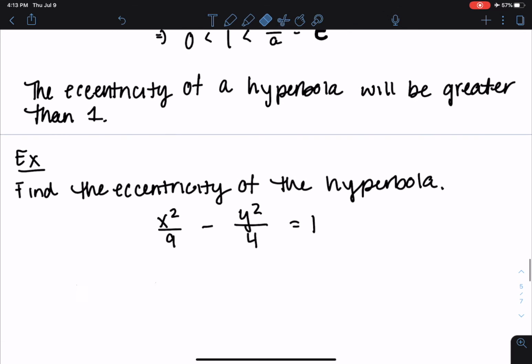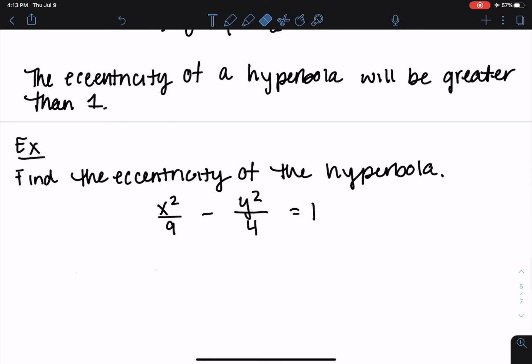So we're just going to do one quick example. We're going to find the eccentricity of this hyperbola. So I've got x squared over 9 minus y squared over 4 equals 1. First thing I've got to do is figure out what is c. So that's going to be a squared plus b squared. So it's root 13.